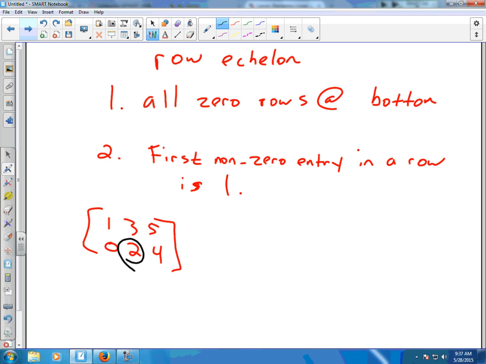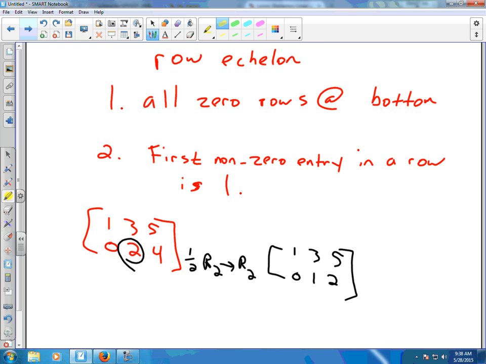So to put that in row echelon, we could take half of that second row to get our new second row. This one doesn't have any rows that are all zeros, so we don't have to worry about putting them at the bottom. And then this is a non-zero, so it's a 1. This is the first non-zero number in that row, so it's a 1.